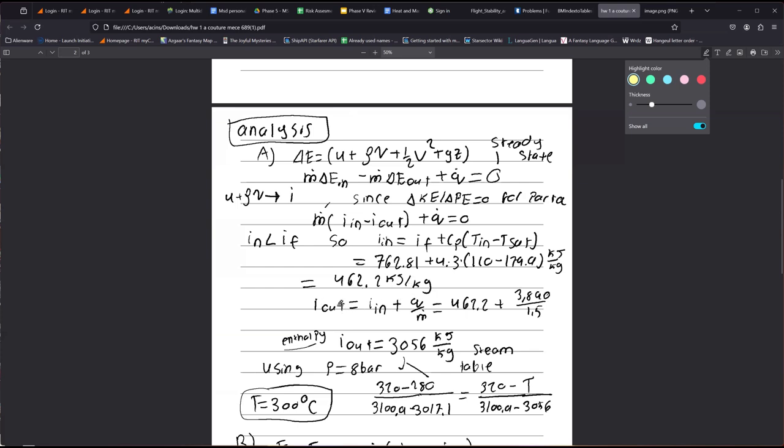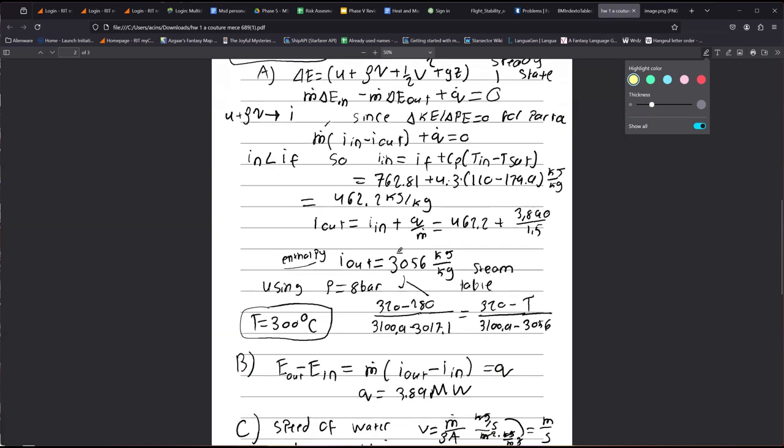Once we know the enthalpy going in, we can easily find the enthalpy going out of the system, and that value is 3,056 kilojoules per kilogram. Now, that's not what part A is asking for. Part A is asking for the temperature. However, we now have two values with which we can find it. We know the pressure at the outlet and the enthalpy at the outlet, and using steam tables, we find that the temperature at the outlet is 300 degrees Celsius.